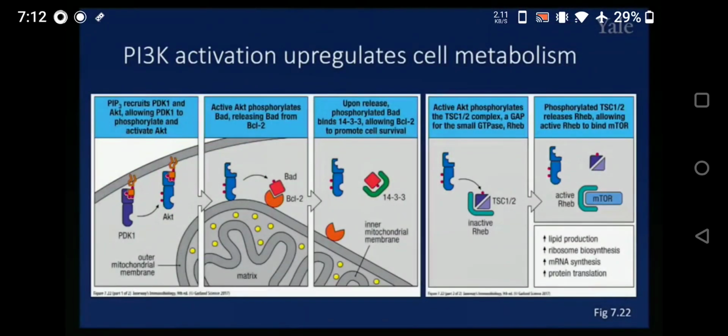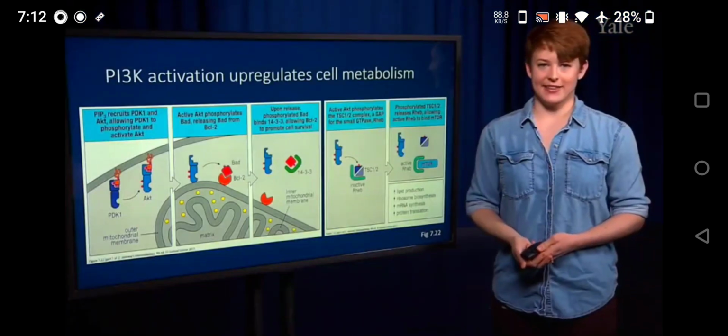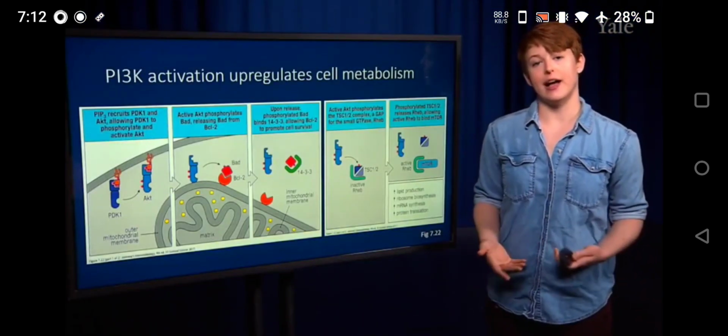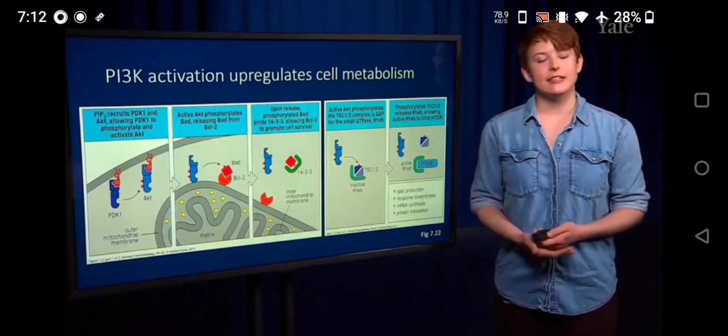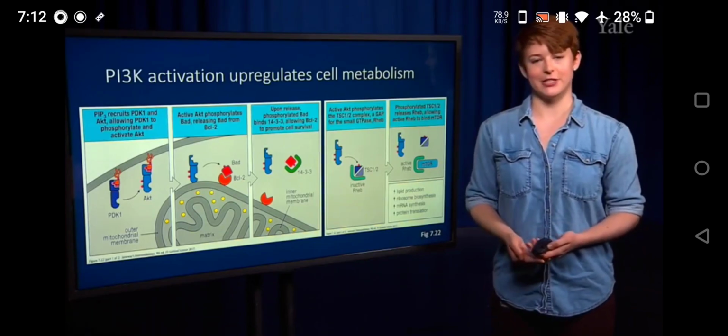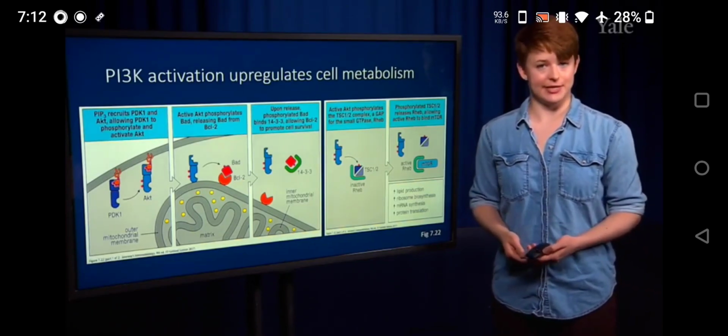This active AKT can also have effects on additional complexes, in this case another GTPase, which allows binding to mTOR. And mTOR is another very important broad pathway that you don't have to know the details of, but know that mTOR is important for changes in cellular metabolism.